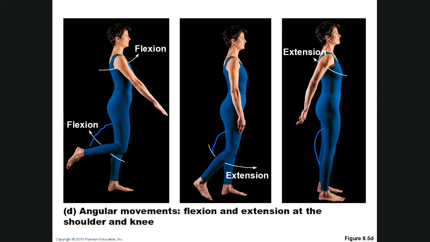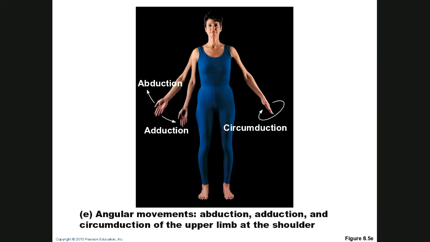And here we have the shoulder flexing and extending, moving it back. Okay, abduction and adduction. When someone is abducted or taken away, when you add things together, you bring them towards the body. Circumduction is easy, you're going in circles.